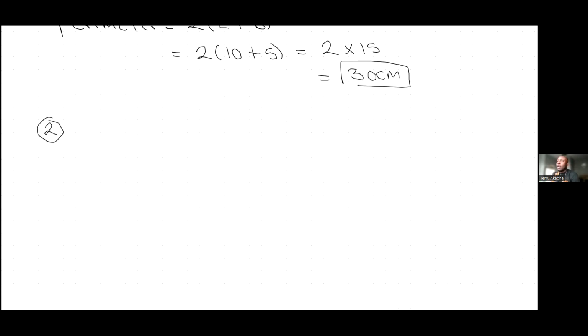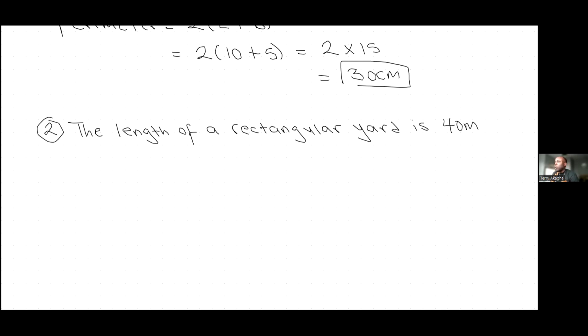We're told the length of a rectangular yard is 40 meter more than the width. So remember, you can call it the width. Some textbooks will call it the breadth. So it's exactly the same thing.